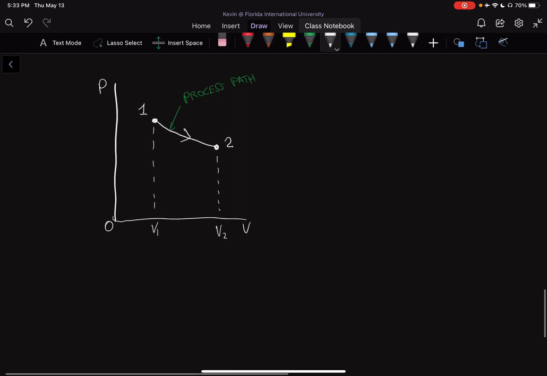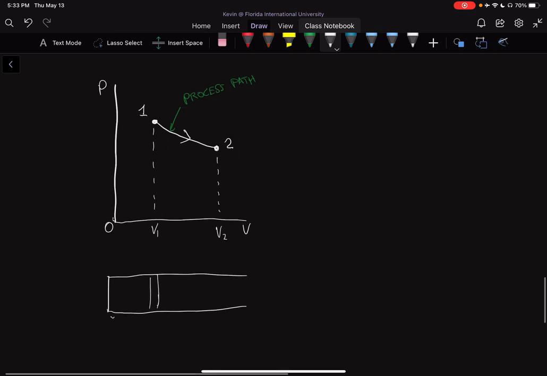One way to look at this too is we can actually put our piston cylinder assembly laying under the graph, and we can show our piston at volume 1 initially with the gas in here. We're laying it sideways, and then the piston would move up to this new level right here, due to the fact that we took out the weights. So that's just a visual of what's happening.